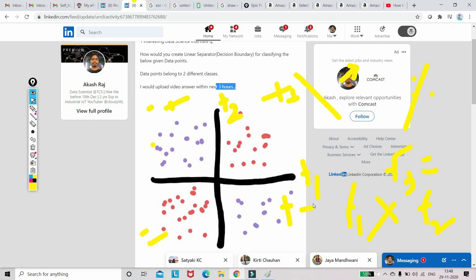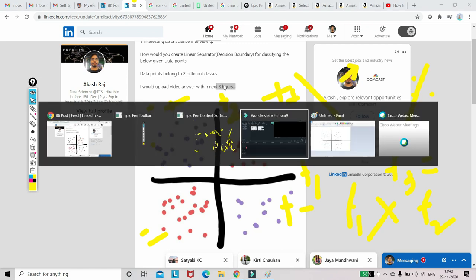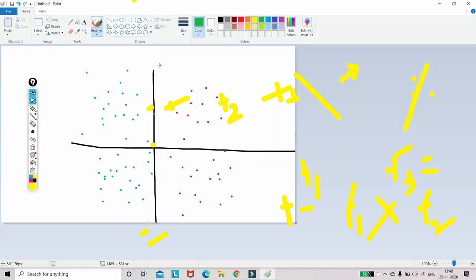Positive into negative will come to this side, and negative into positive will again come to this side. So we can see this diagram. This line can now act as a linear separator.